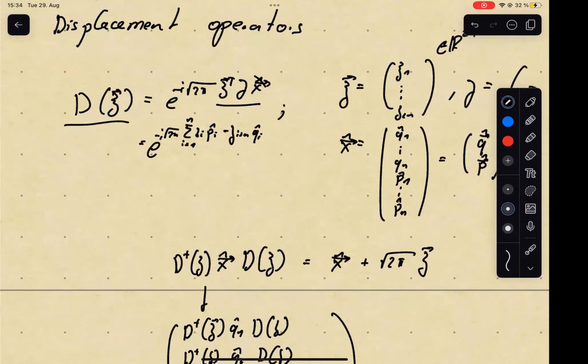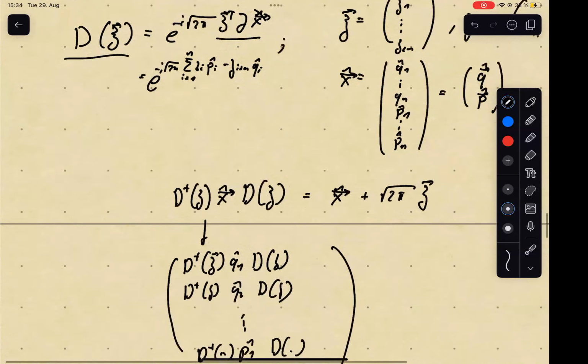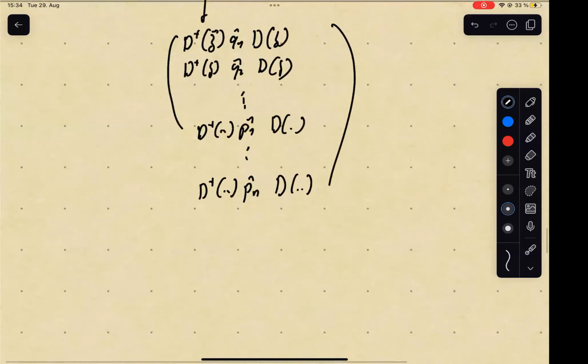And since it's a sum and i labels different modes, I can just split this exponential up. Different operators of different modes commute with each other, so I can split it into a lot of small displacement operators, each acting on individual modes. So this is just a way to write down a generalized displacement operator that acts on everything.